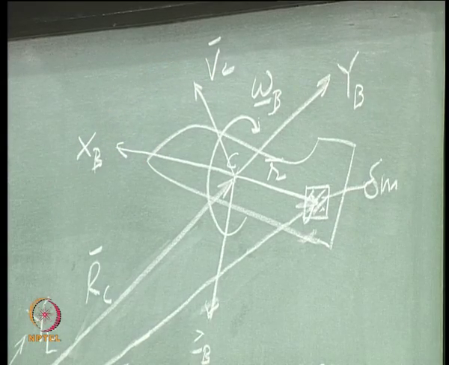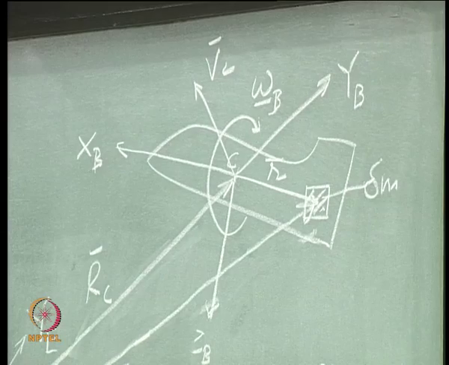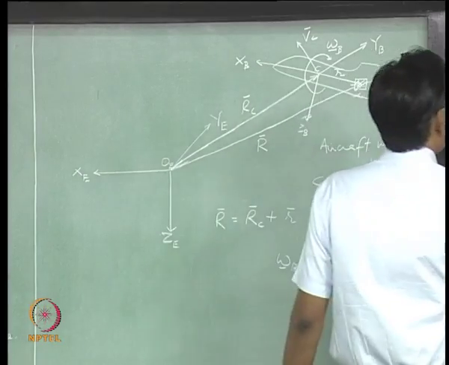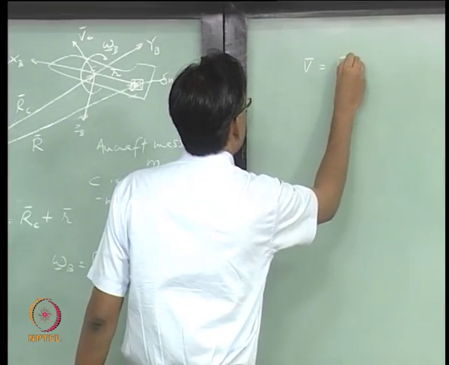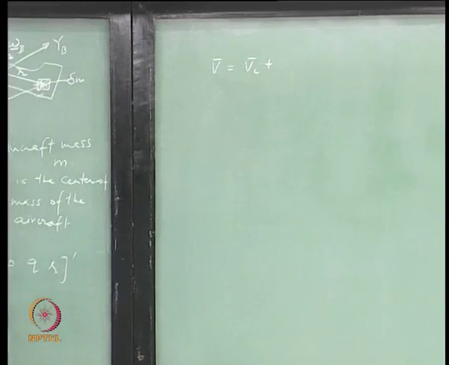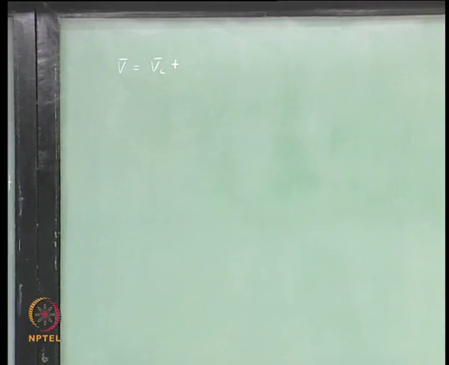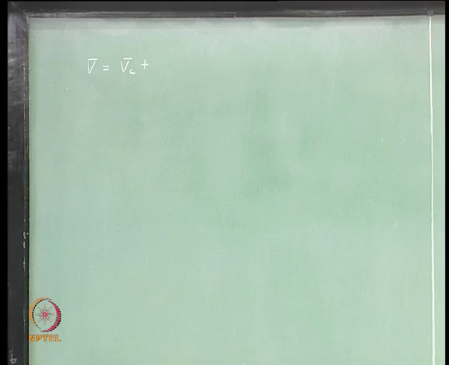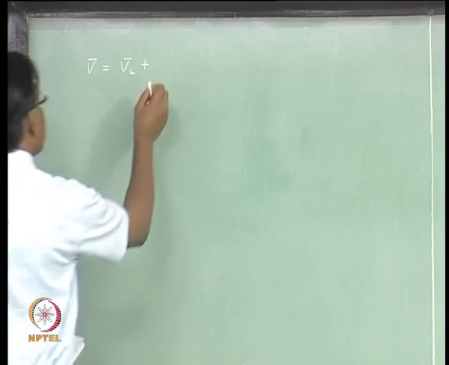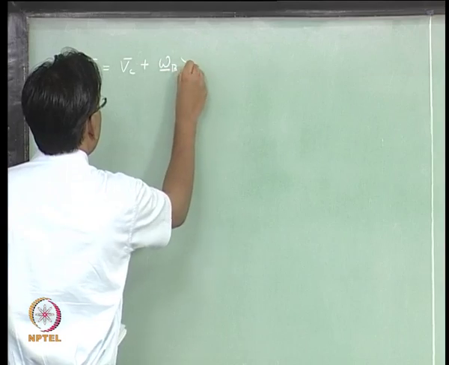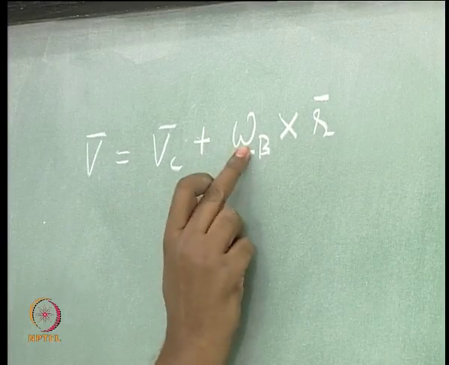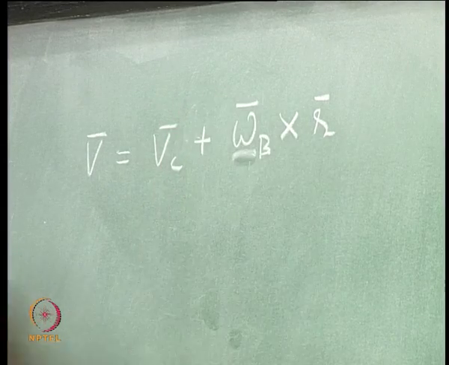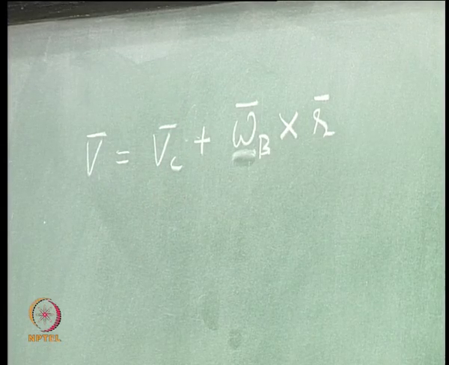So, we can write the velocity of this elemental mass, which is V_C plus omega into r, right, omega cross r, very good. Okay, let me put this bar also on top.